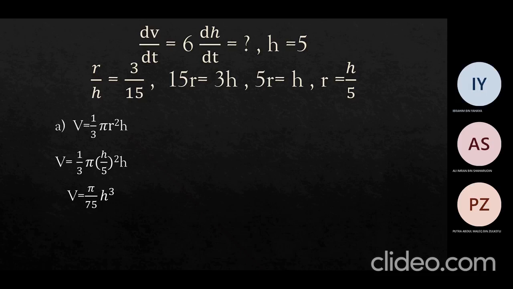As we know, the formula for a cone is 1 over 3 pi r squared h. To make it easier for us to solve the question, we eliminate the r so that we can get r equal to h over 5.